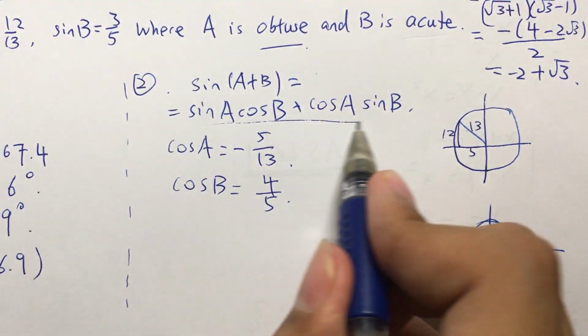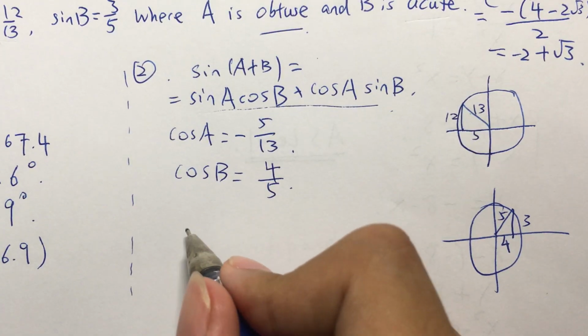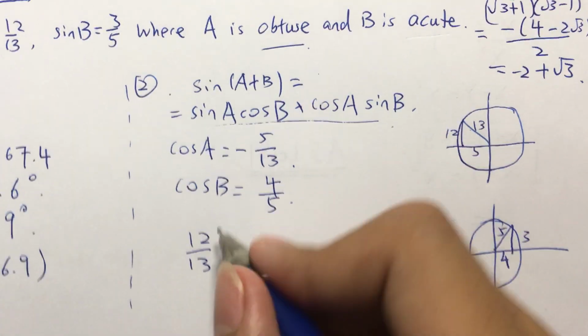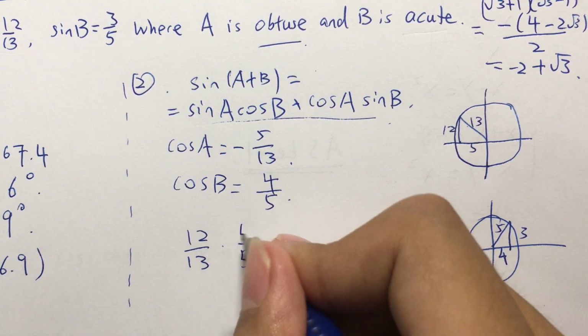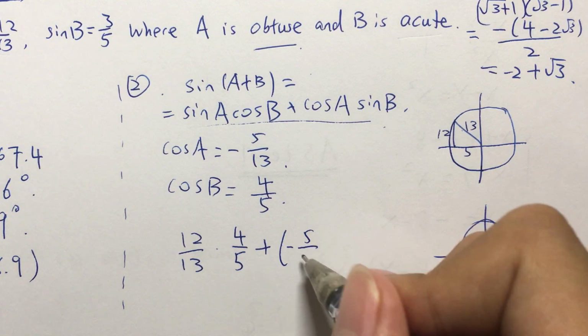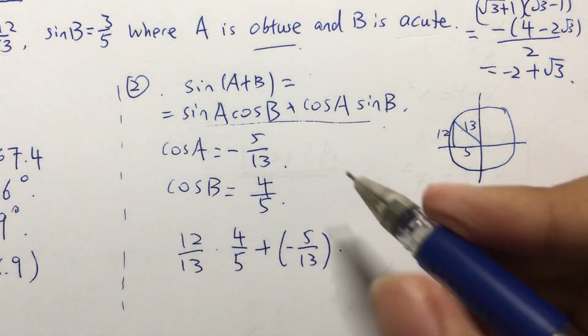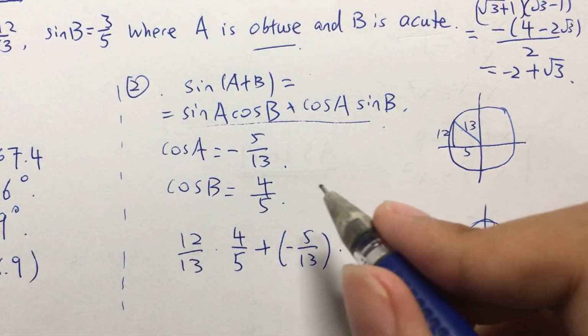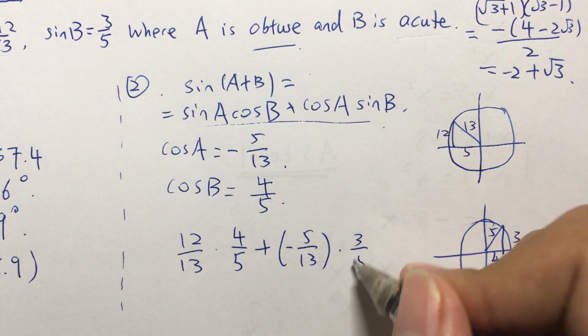And now let's use this formula, where sine A is 12 over 13 times cosine B, which is 4 over 5, plus cosine A, which is negative 5 over 13, times sine B. Sine B is 3 over 5.